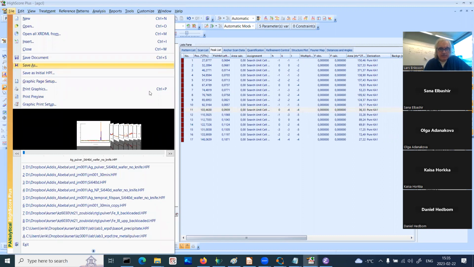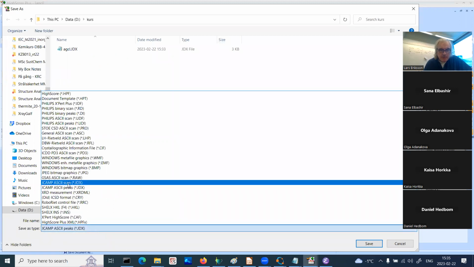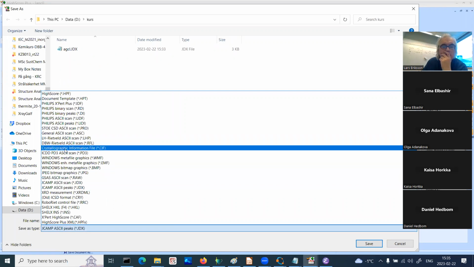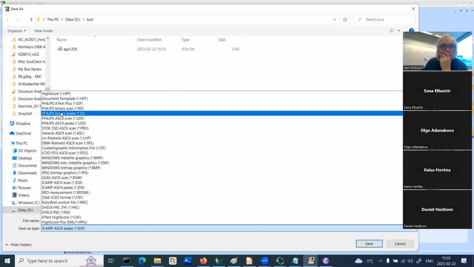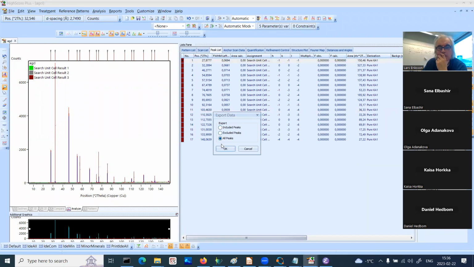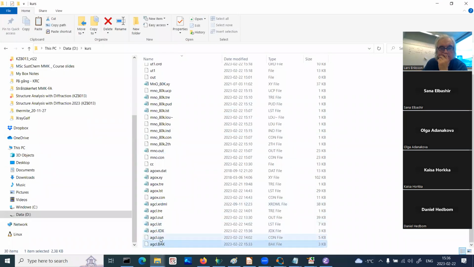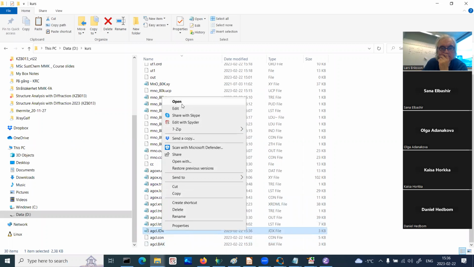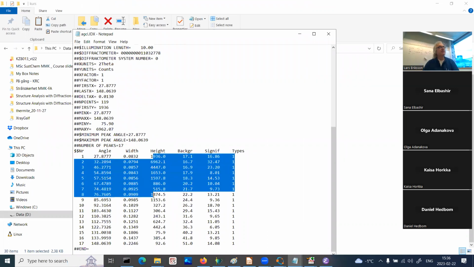And we save. No, it seems we only get the height in this, but at least the 2 theta values we can get.